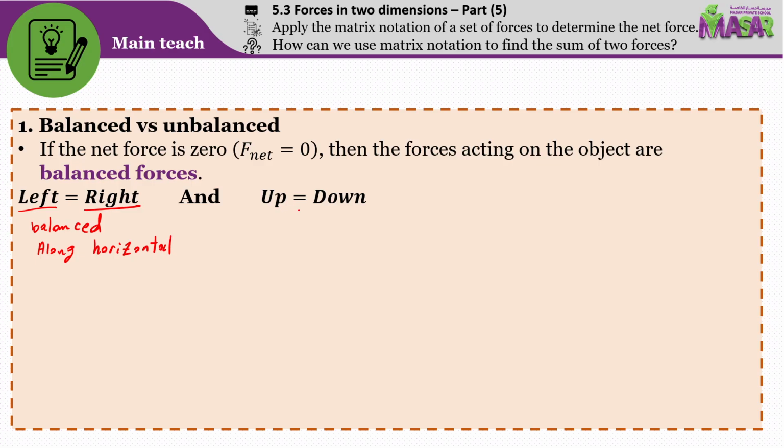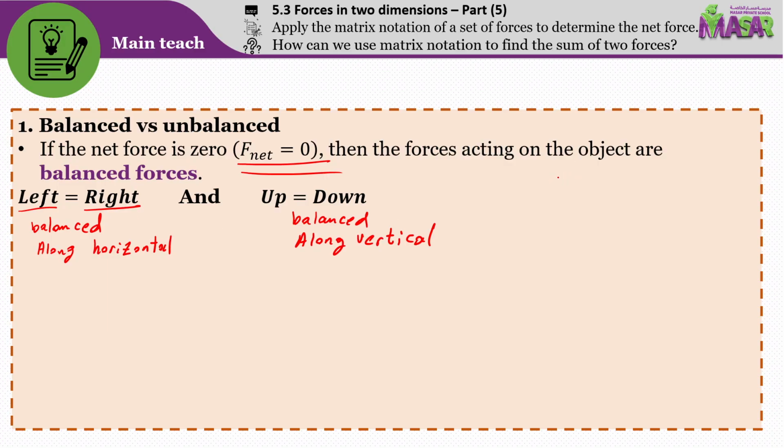And up equals down means the forces are balanced along the vertical. If this is the case, then the F net is equal to 0.